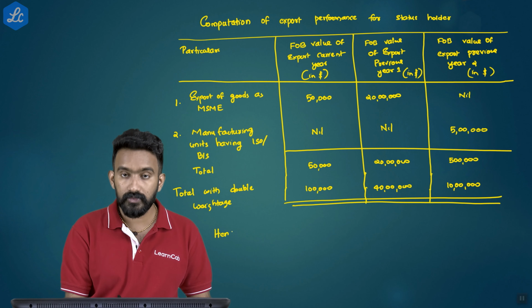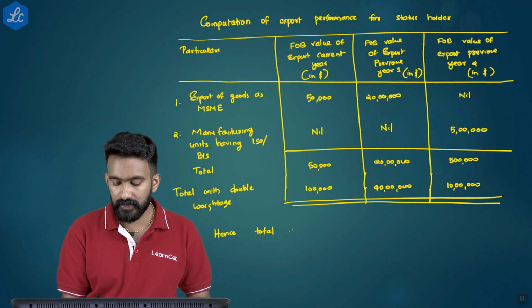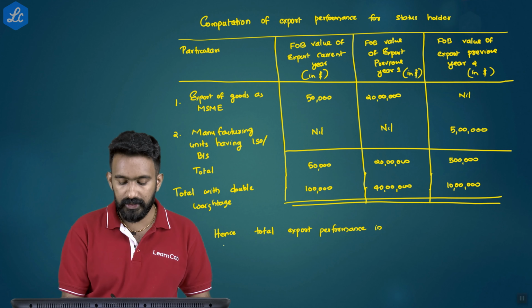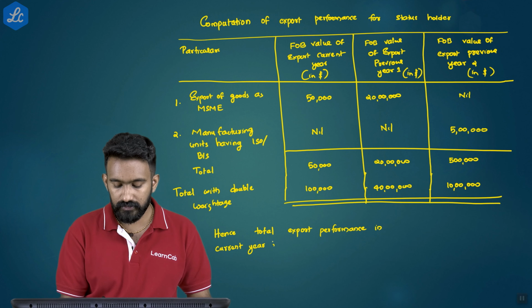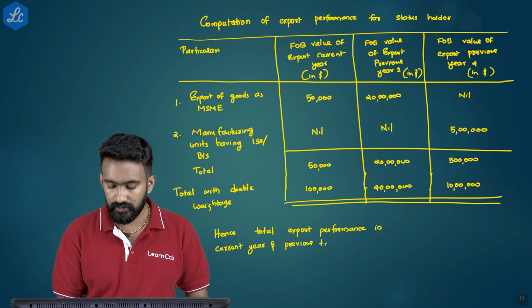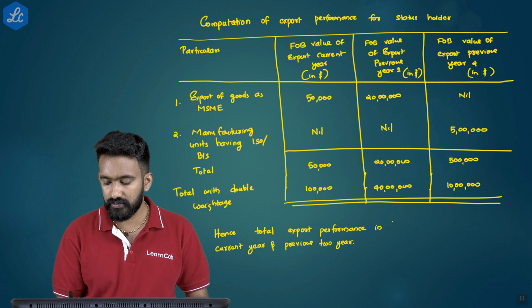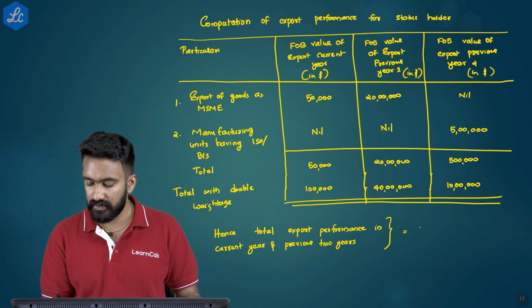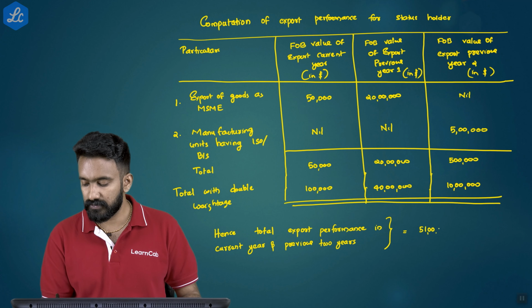So the total export performance in the current year and previous 2 years is how much? 40 plus 10 is 50, plus 1, 51 lakh, or 5.1 million.